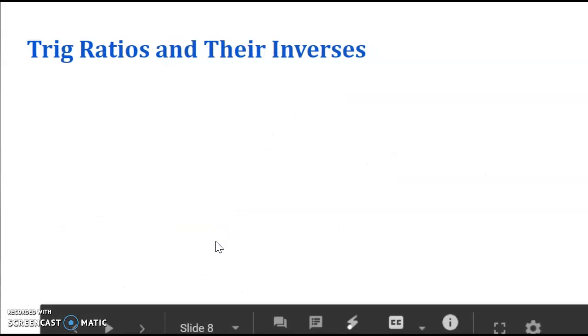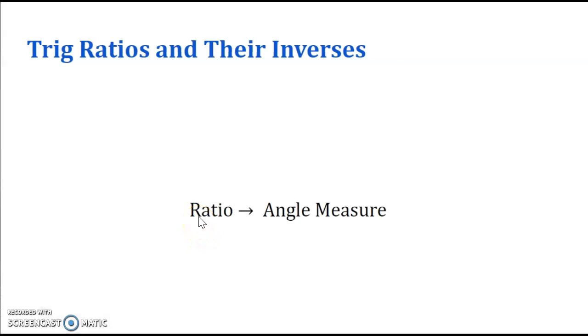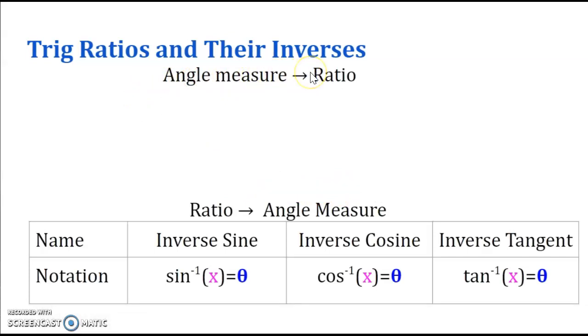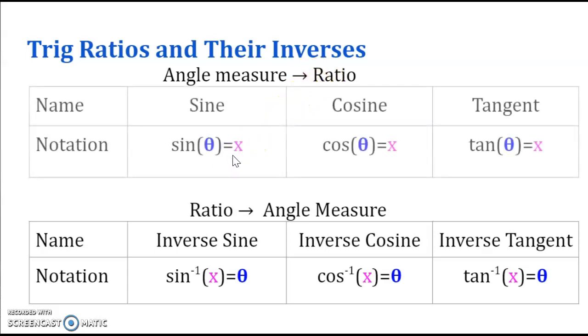So trig ratios and their inverses. With the input of ratio and the output of angle measure, that's the inverse sine, okay, and inverse cosine and inverse tangent. If you have angle measure and you know at least one of the sides, that means you can use the ratio to figure out one of the missing side lengths of the right angle triangle.